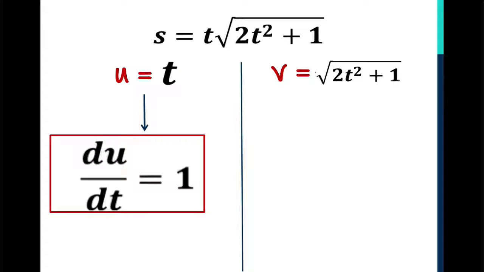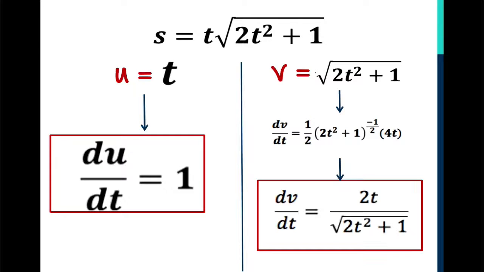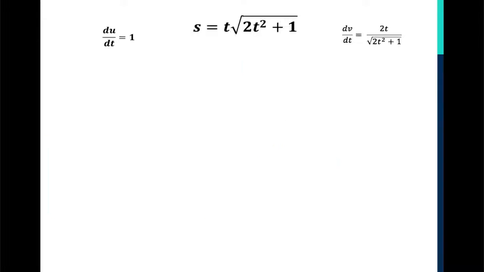We need to transform square root of 2t squared plus 1 into an exponent form, which would be 2t squared plus 1 raised to 1 half. And so applying the power rule, we would get the derivative of v is equal to 2t over square root of 2t squared plus 1.